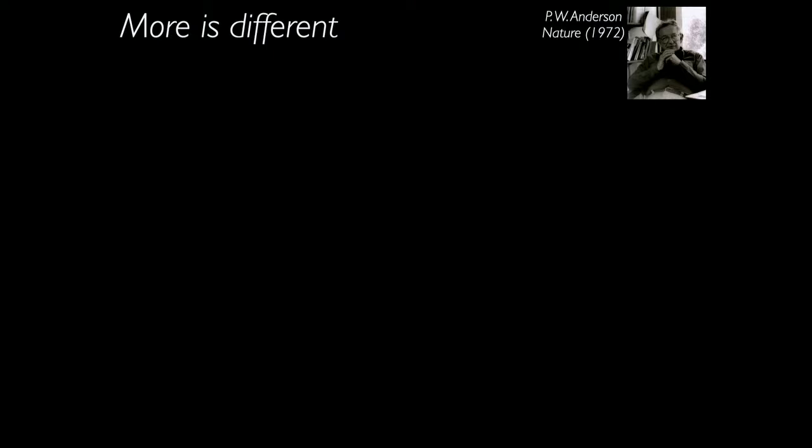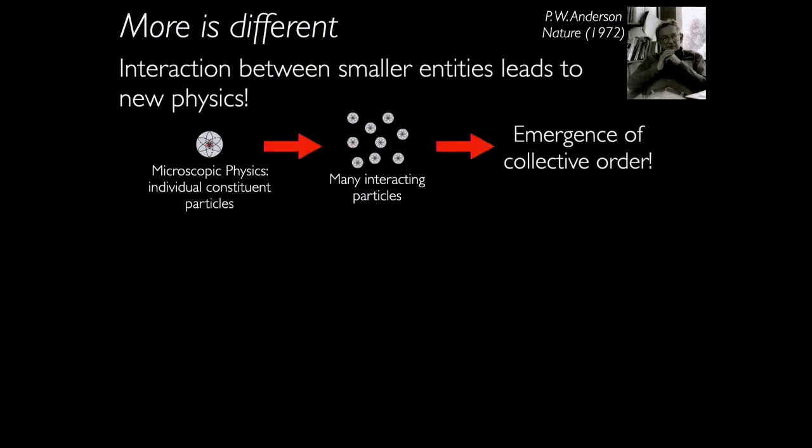He said that if you have a collection of small entities where you exactly know the physics of these individual entities, then the interaction between these entities leads to large scale macroscopic properties which cannot be obtained by simply extrapolating the properties of the individual entities. This property emerges out of the collective interaction.